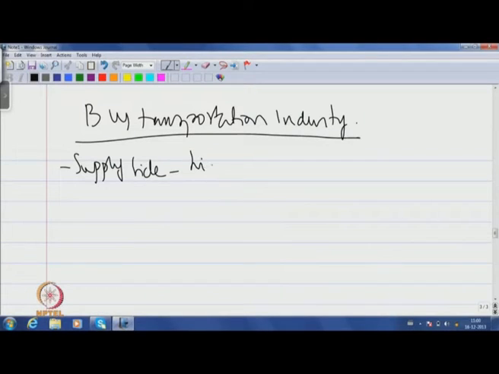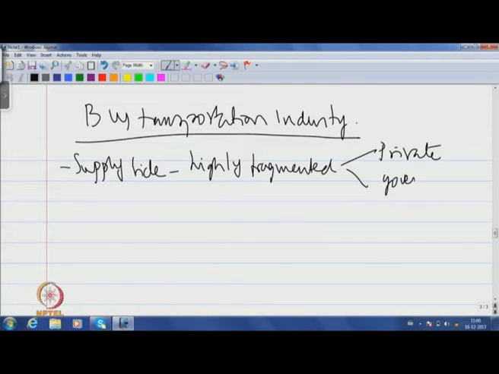We know that at that point of time, it was highly fragmented. You had private and government transportation. It started with predominantly government transportation, but slowly also the private bus transportation industry started growing a lot.